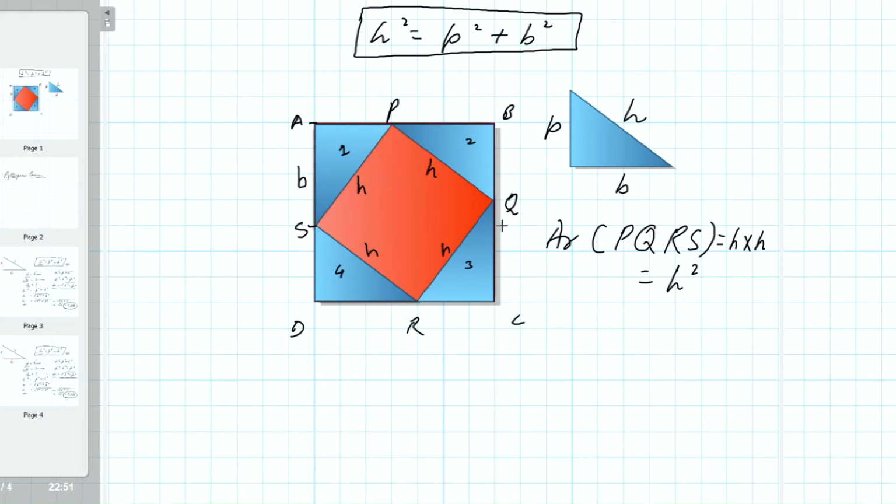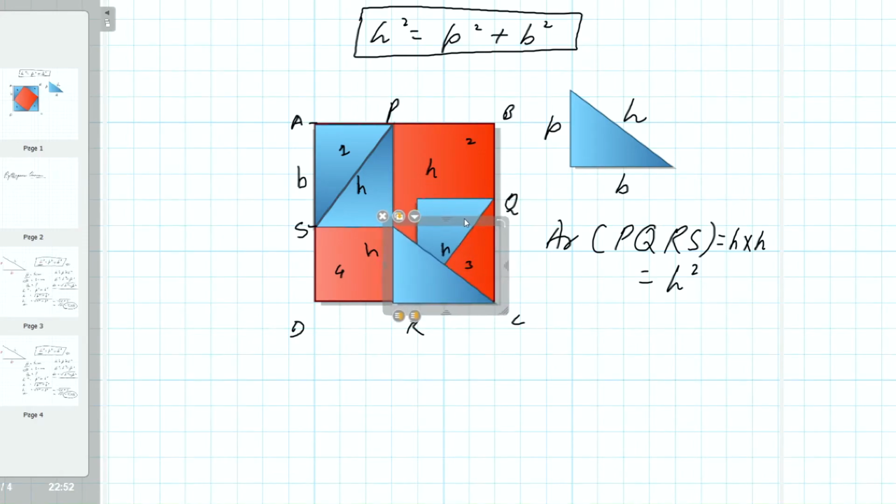Okay, cool. Let me ask you a question. What if I shift these right angle triangles inside the square? We will not take these right angle triangles outside of the square, but what we will be doing here is just shifting them inside the square like this. So what have we done here?